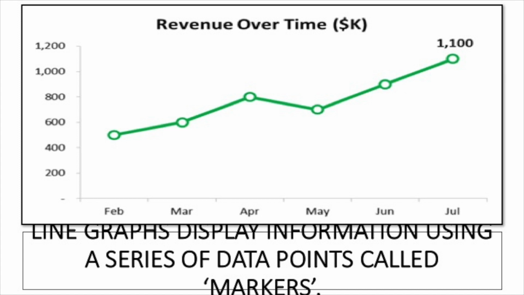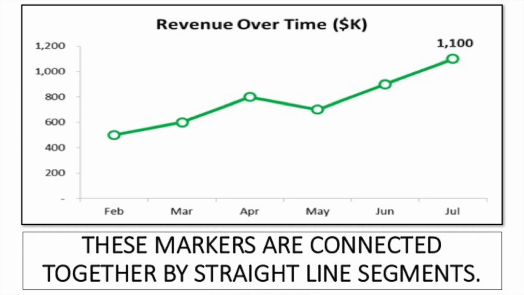And then afterwards we connect the markers with the lines. These markers are connected together by straight line segments, not curvy lines. The lines will always go straight, but they'll go straight in different directions depending on the data.